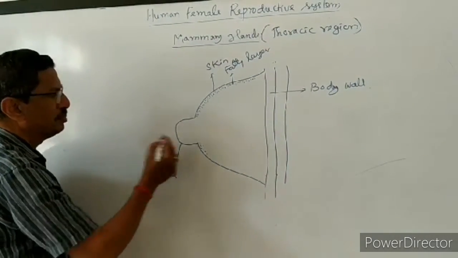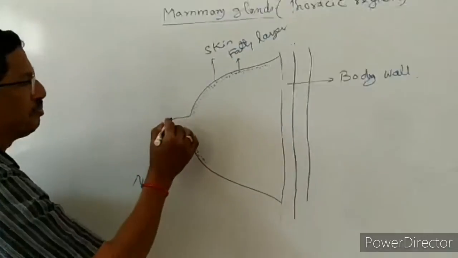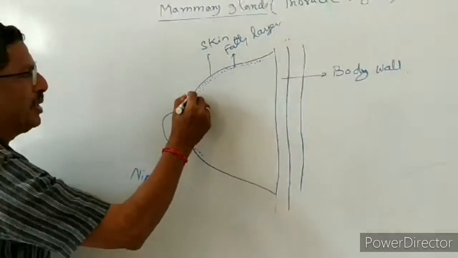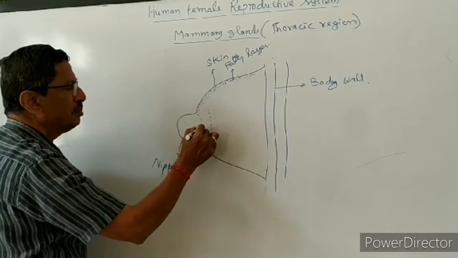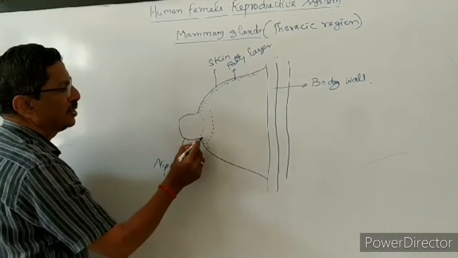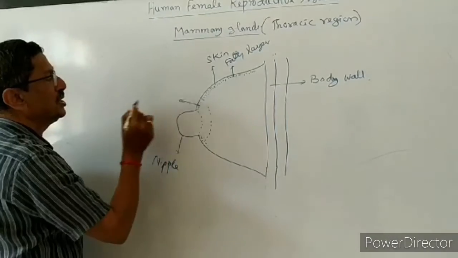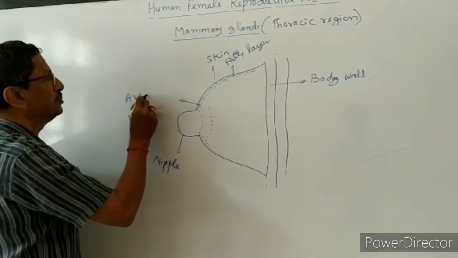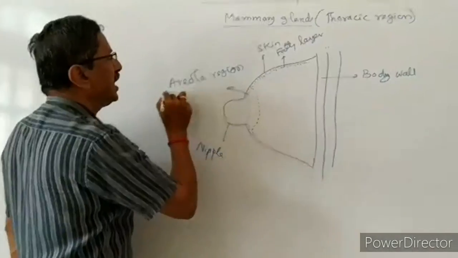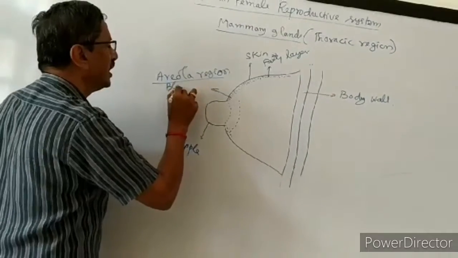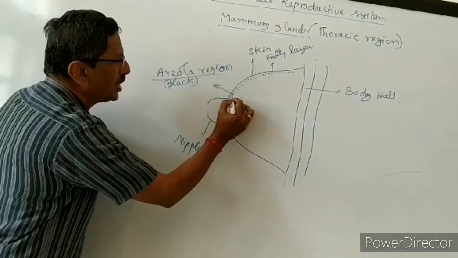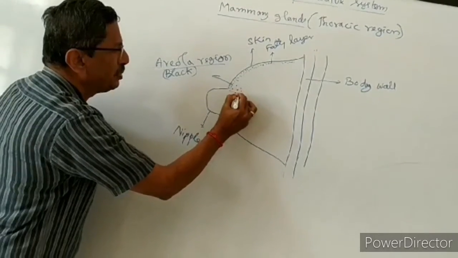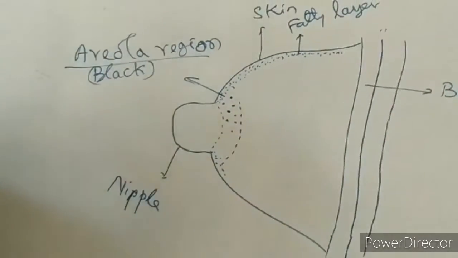Now what is present in the nipple? I will tell you. At the base of the nipple in the mammary gland, there is a black, ring-like region. This black ring-like region is called the areola region. In the areola region, a lot of special glands are present.